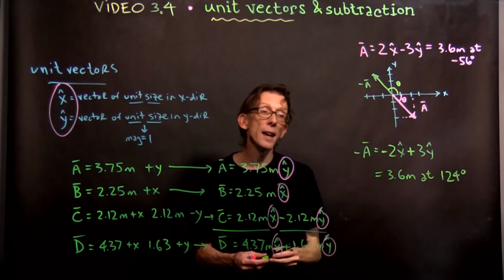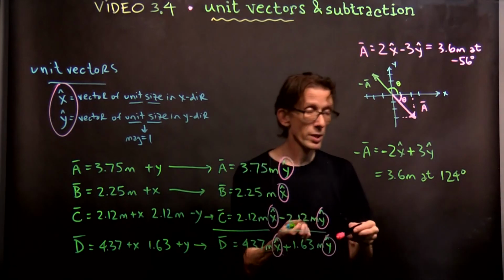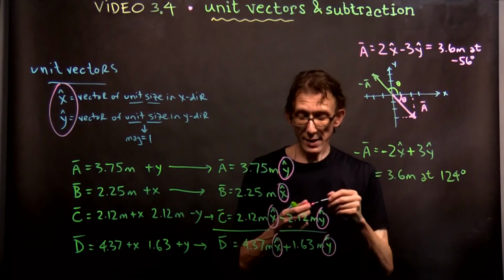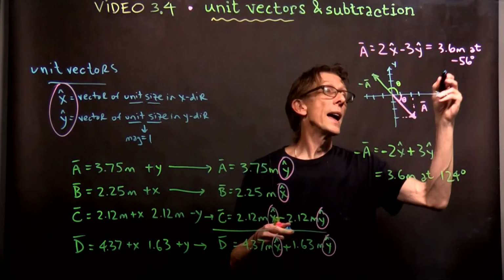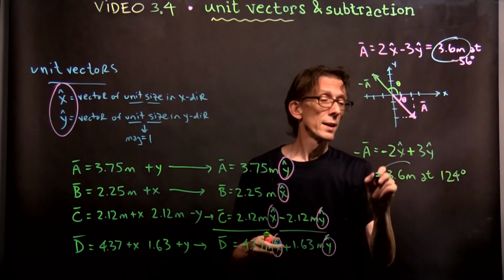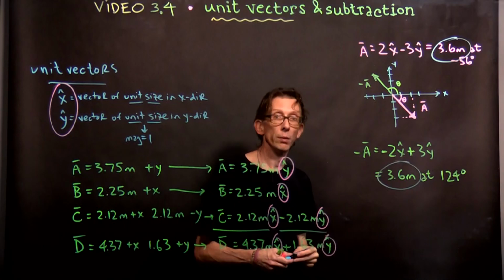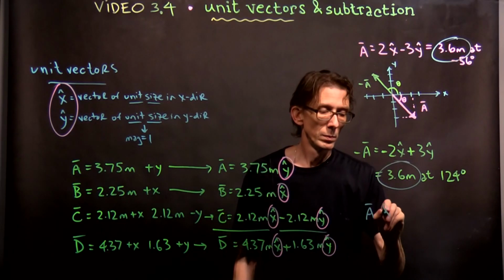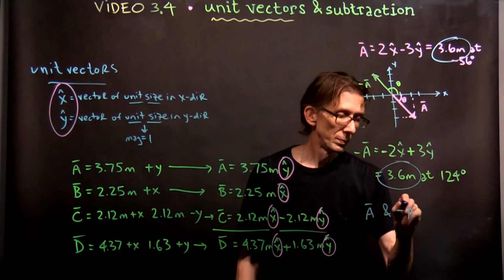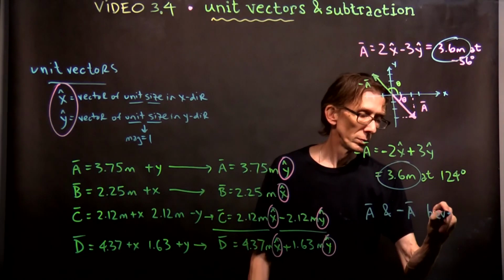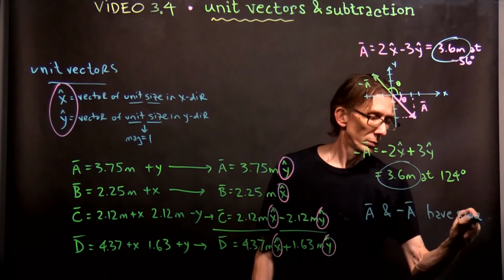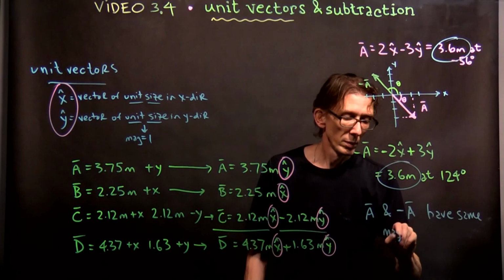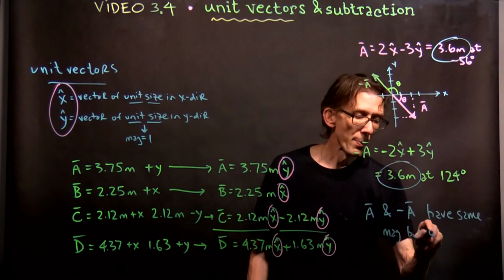So the clip and save here is that the magnitudes in both cases are the same. A and minus A have the same magnitude, but opposite direction.